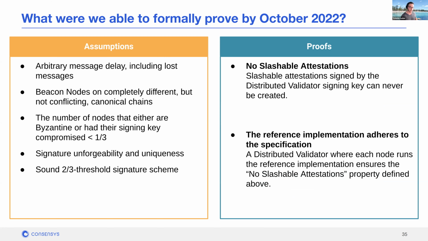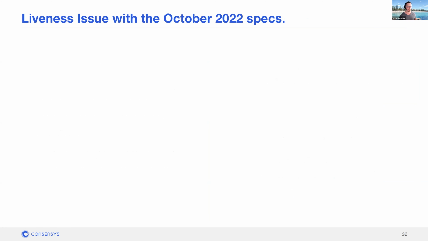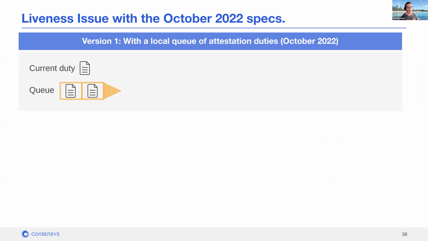However, there is actually a liveness issue with this protocol. Not that we have proven liveness, but by reasoning about it, we saw this issue. In the version that we formally proved around October 2022, each distributed validator client had a queue of duties.